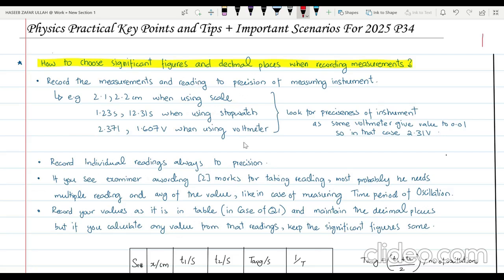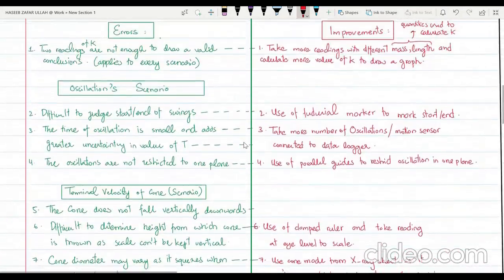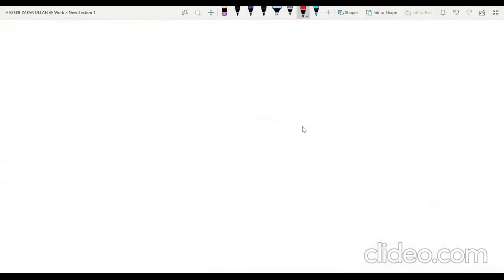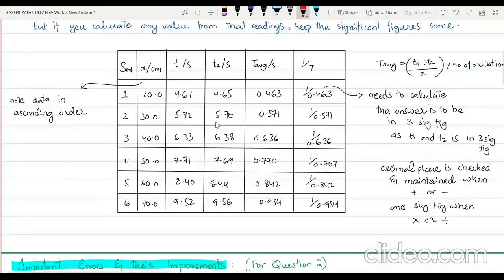I have also drawn an ideal table here, which you should draw like this. Just let me show it to you. This is the ideal table I have drawn. You have to add the serial number to show the values that you have recorded, and you are always going to record the first values, like the x in centimeters, which is going to be the independent variable, or which you are changing.